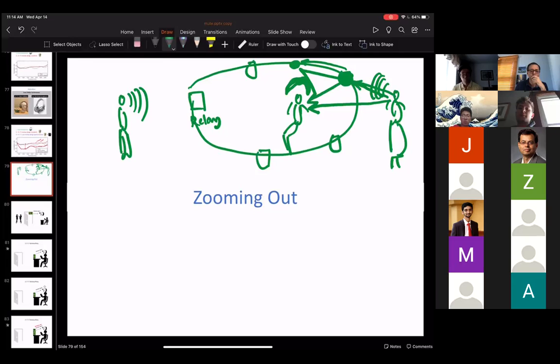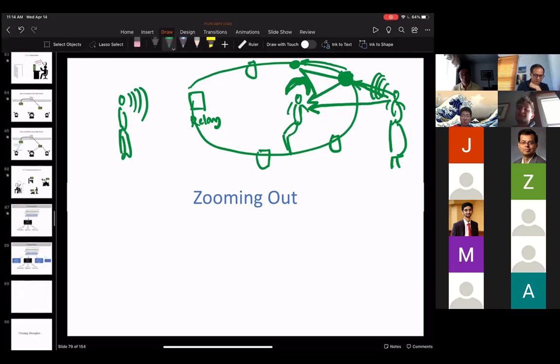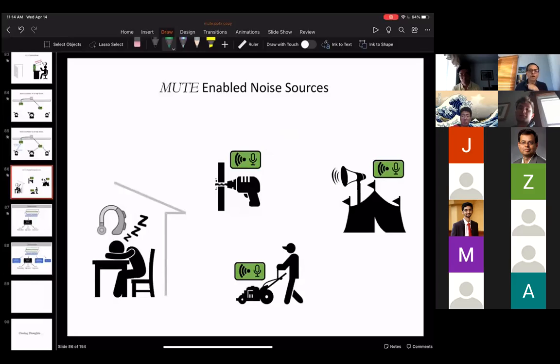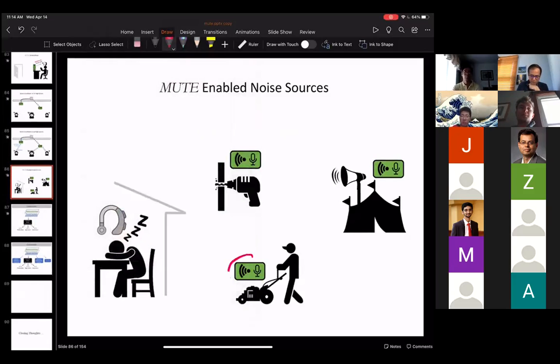What if everyone just wears a mic that broadcasts themselves with a radius? That's exactly right, Eric. In fact, what you'll read in the paper is, if tomorrow the lawnmower has a relay, then the lawnmower can take its own sound and relay it.